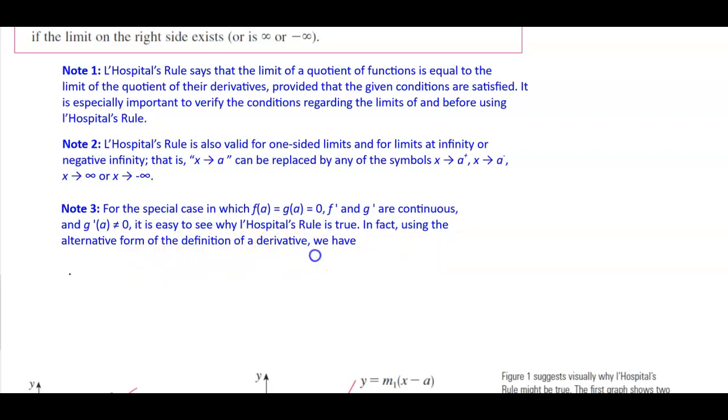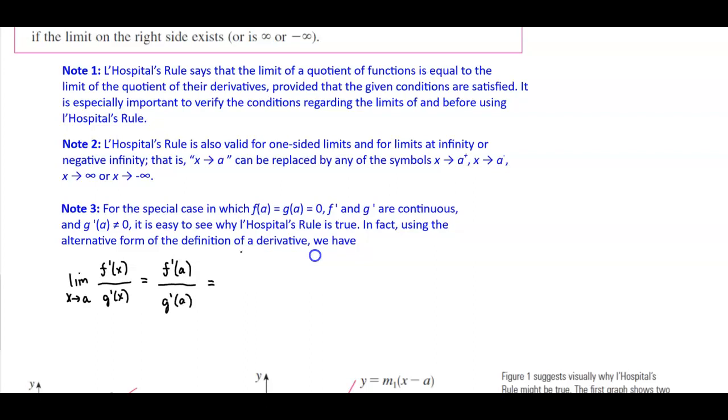If we have the limit as x approaches a of f prime of x divided by g prime of x, then this is going to equal f prime of a divided by g prime of a.